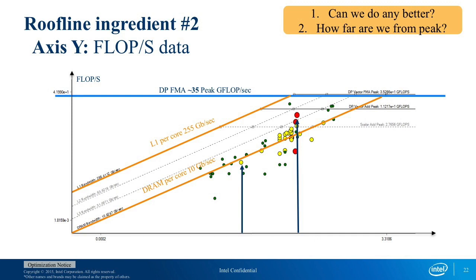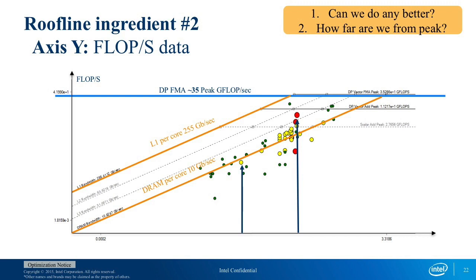The highest roof for the peak performance, a factor of 2 higher, is then the FMA peak, where you are really using FMA vector operations. So you can plot the 3 roofs here, and you can plot 3 or 4 or even more roofs on that side for the bandwidth.